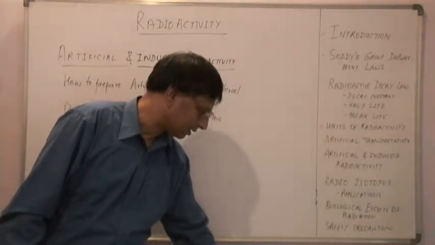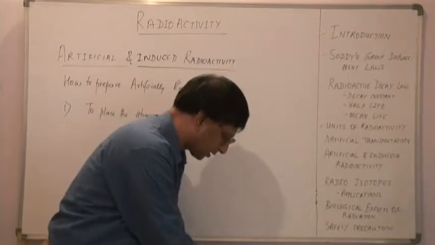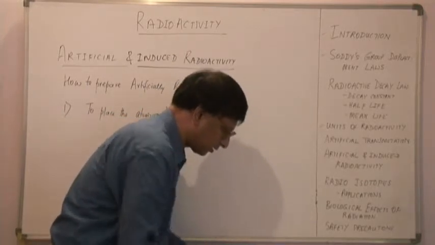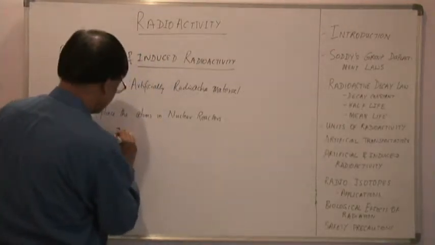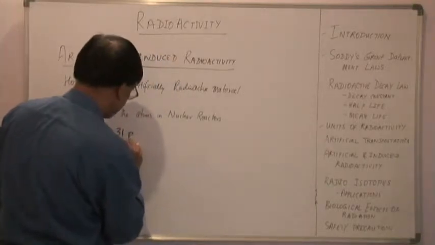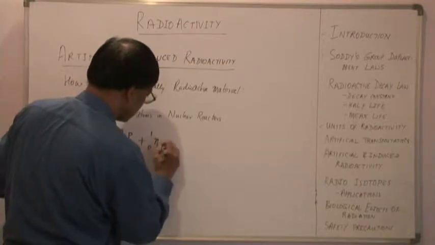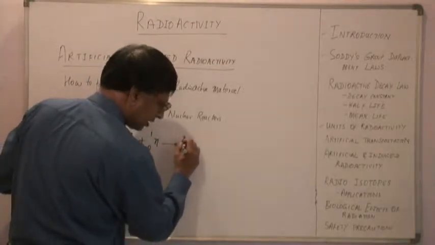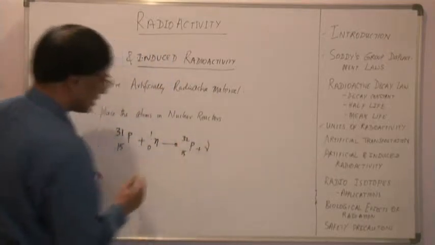As an example, we have P15 plus one neutron giving 32P15 plus gamma ray.